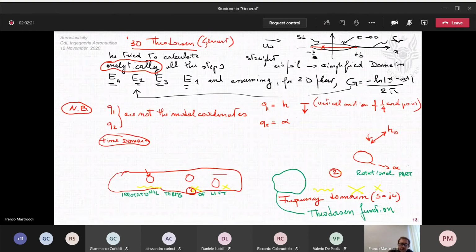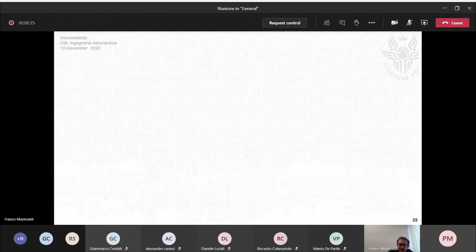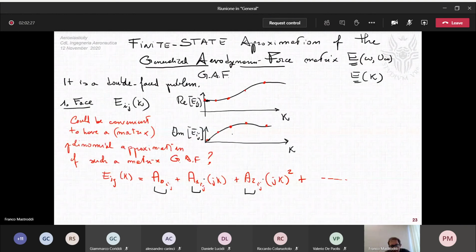So if you want to fit our data, the bullets are the evaluation of E by computer. And then the black line is an interpolation.